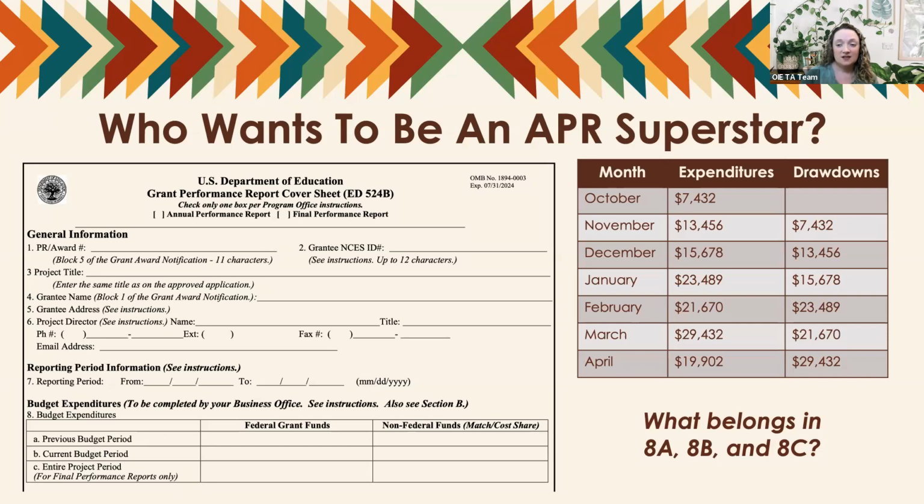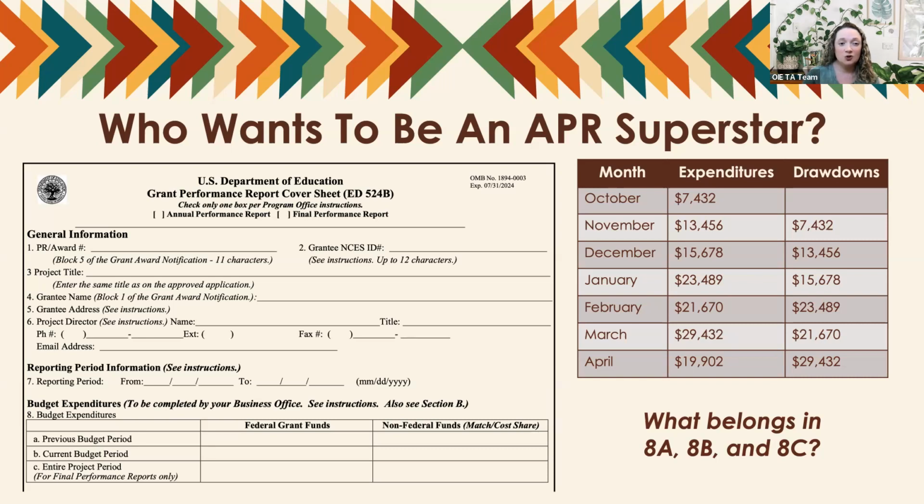So it is a little tricky. It is actually the total drawdowns from the last grant year. Because remember I said everything for number 8 is going to be drawdowns. It's all based on actual drawdowns. Because in the eyes of the government, it's only expended once it's drawn down. And so we got that one. Total drawdowns from the last grant year.